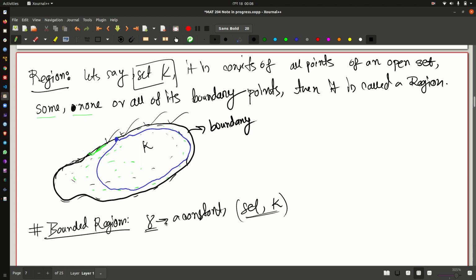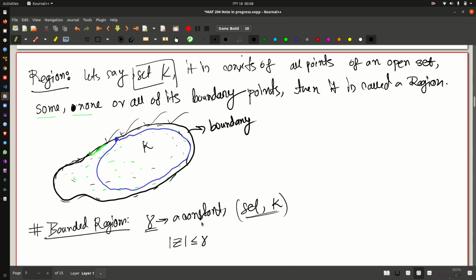Now this set k will in general carry complex numbers, right? And how can we measure the absolute value of a complex number? That is just the modulus. For all z belonging to k, if the modulus of z is less than or equal to gamma, then this is called a bounded region.